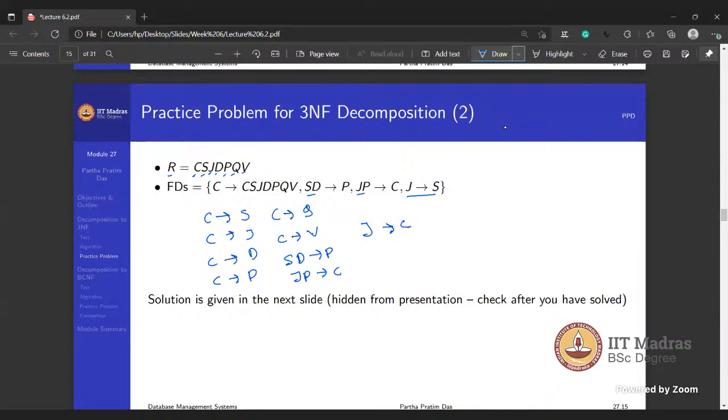You have to check which of the functional dependencies are extraneous. If you see J determines S, without the help of this functional dependency, find the J closure.